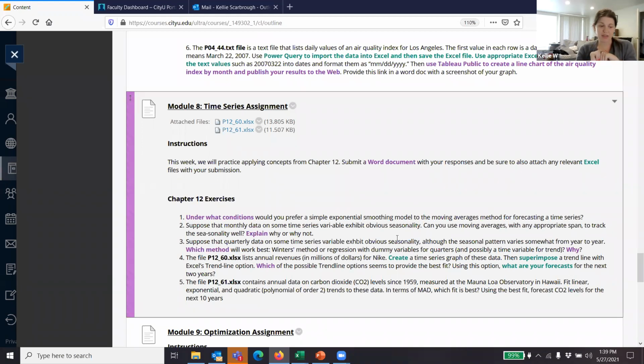And then I want you to think about which trendline option is the best fit, and then use that to forecast for the next 2 years. So use the regression equation and then just calculate out the time periods for the next 2 years.